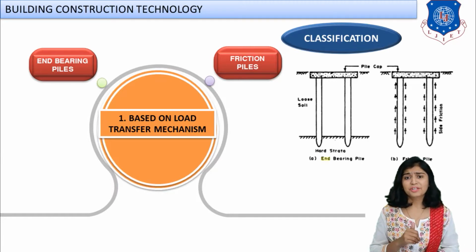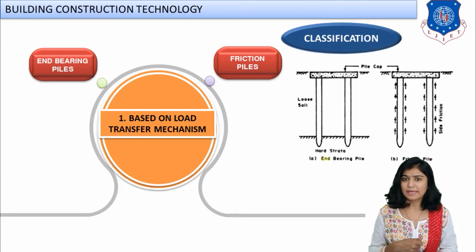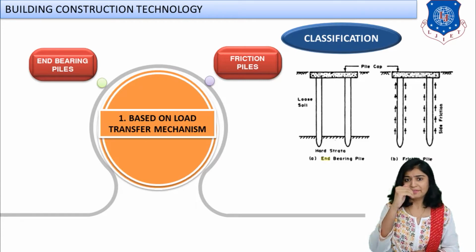Second, we have the friction pile. Now what if the hard bed or hard rock is available at a very great depth and it is not possible to drive up to that depth? Then you can insert the pile foundation such that friction is generated on the surface of the pile, friction between the soil particles and the surface of the pile member. If you are driving the pile in a downward direction, then friction will be generated in the opposite direction.